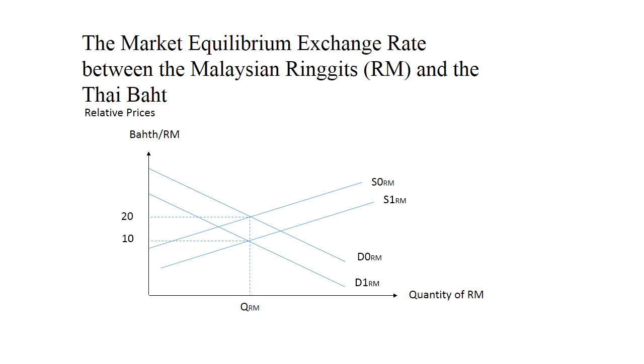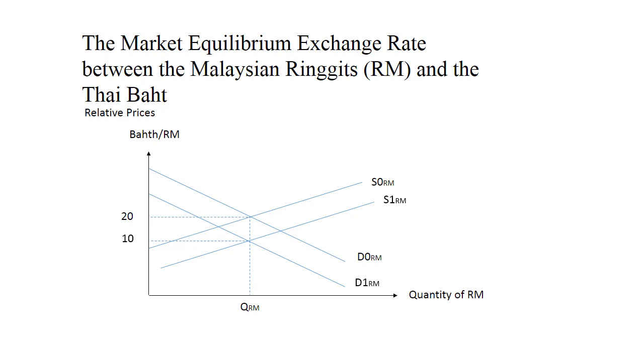So why do I say that ringgit Malaysia will fall? Because before the shift in the demand curve and the supply curve, you can see that 1 ringgit is equal to 20 baht.